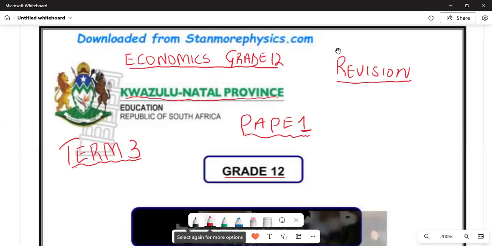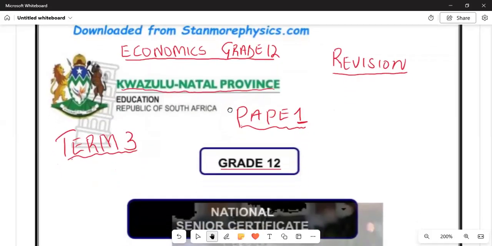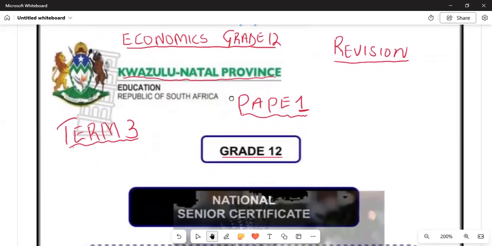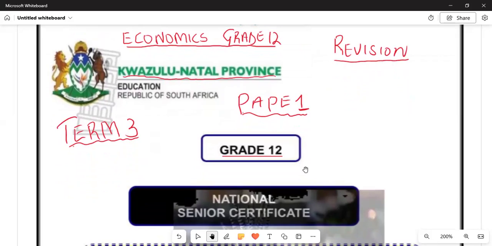We are going to do the revision of a Term 3 paper, which was written in September 2024. This paper was written in the KwaZulu-Natal province.